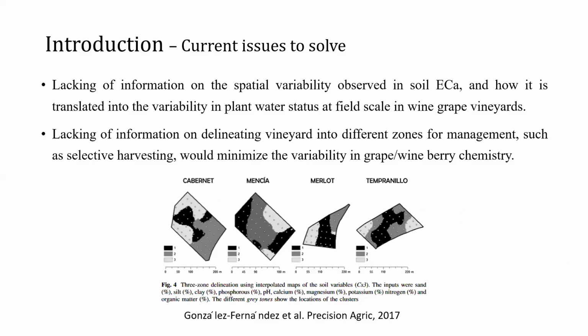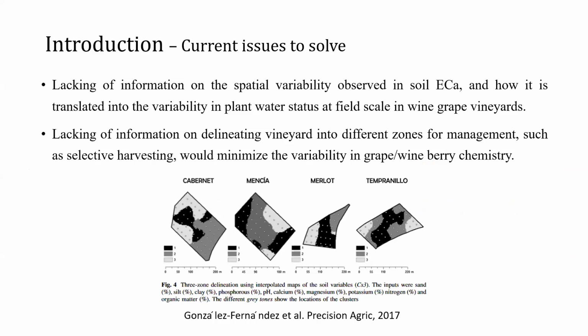But current studies do not provide enough information on the spatial variability observed in soil ECa and how it is translated into variability in plant water status at field scale in wine-grade vineyards. The relationships between ECa and plant water status have not been thoroughly studied yet.